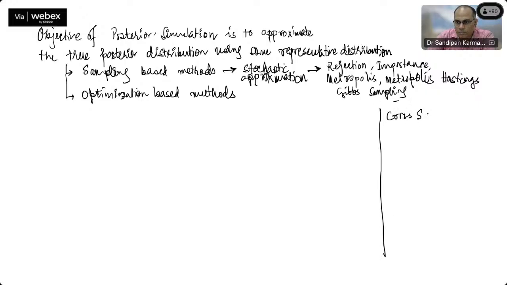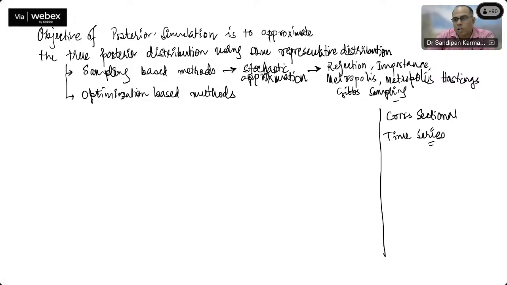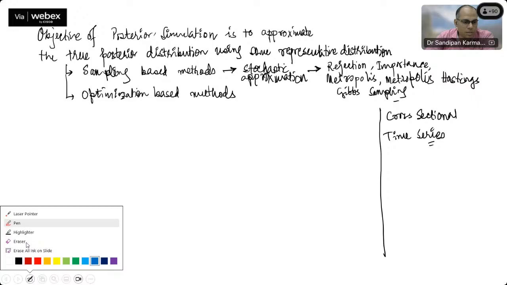What is the difference between these two? Cross-sectional data and time series data. So cross-sectional data assumes, okay, let me write it a little bit.